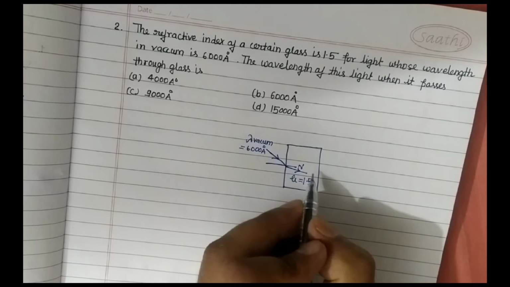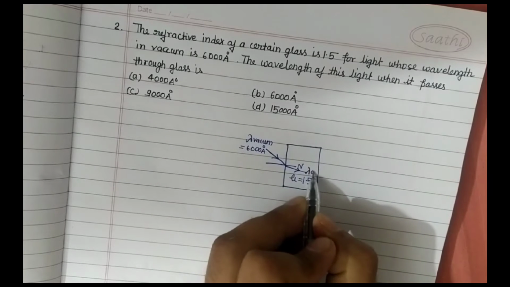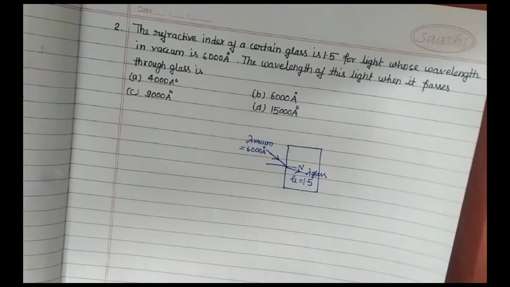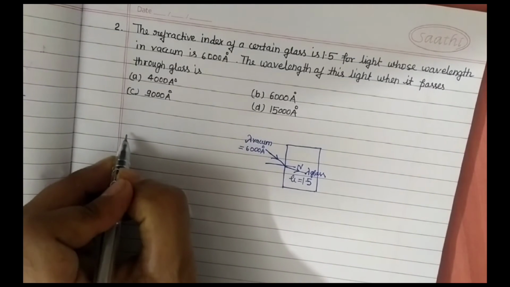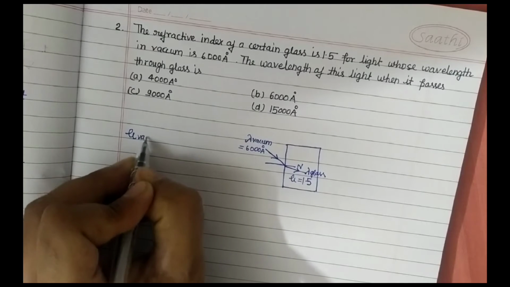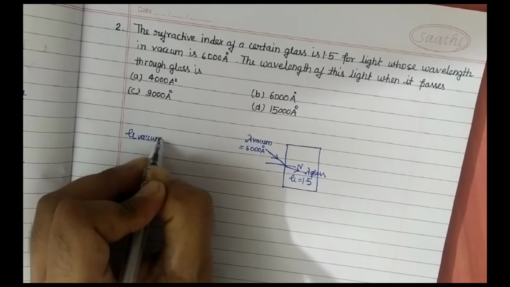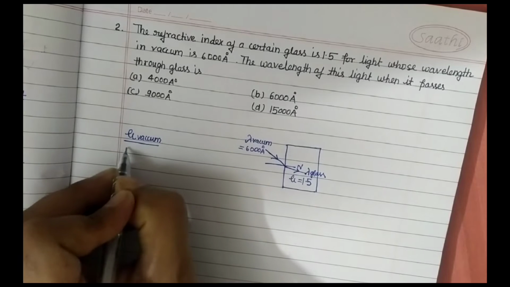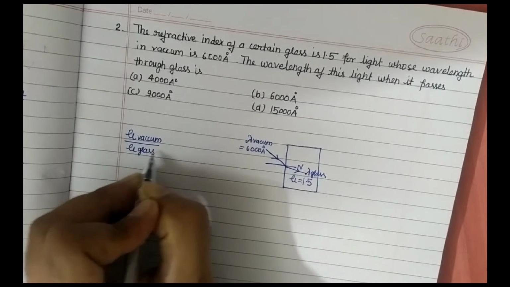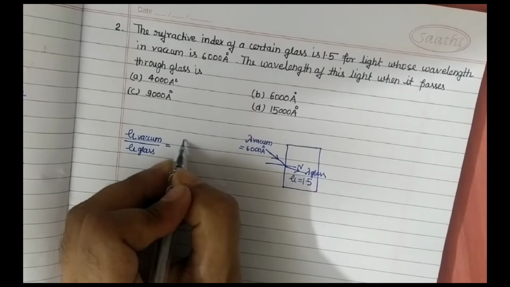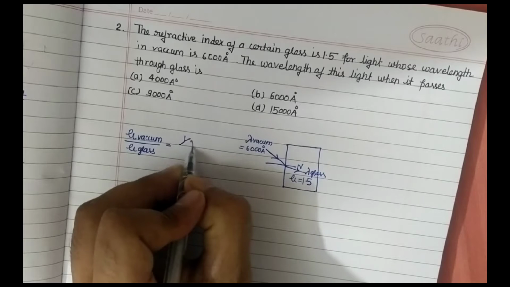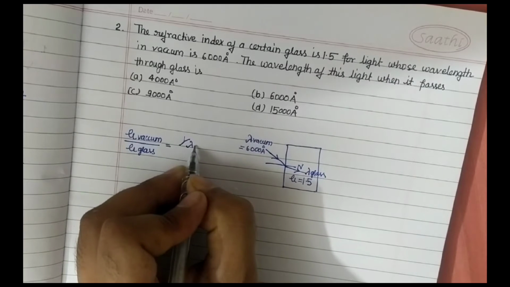So what will be the wavelength in glass has been asked to us. So we know, student, that the ratio of the refractive index of vacuum to the refractive index of glass we can write as: refractive index of vacuum will be 1 divided by wavelength in vacuum.